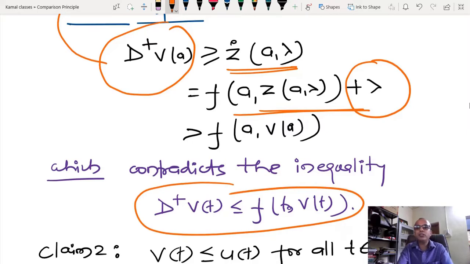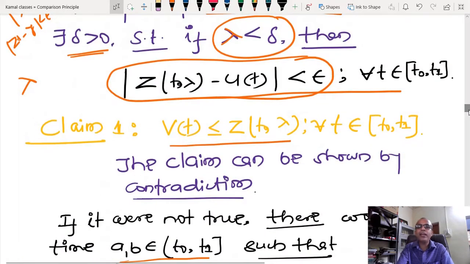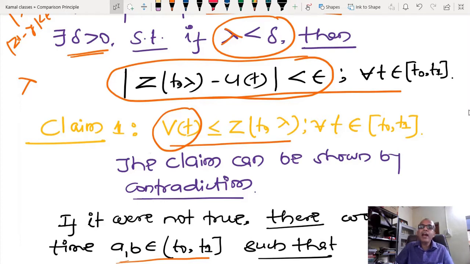So I have a contradiction. By this contradiction I am able to establish that this Vt, the solution of the differential inequality, is always less than Zt lambda. And what is Zt lambda? Zt lambda is the solution of a differential equation, and I have introduced some extra parameter lambda inside the differential equation.